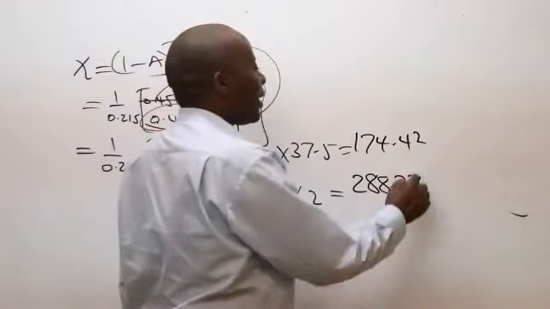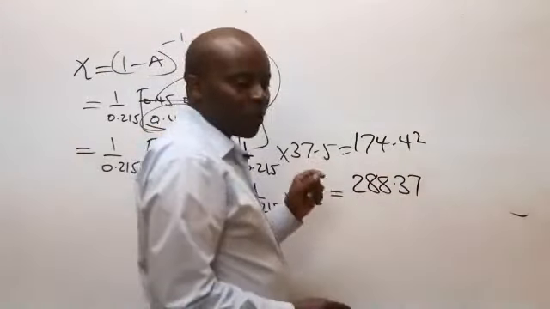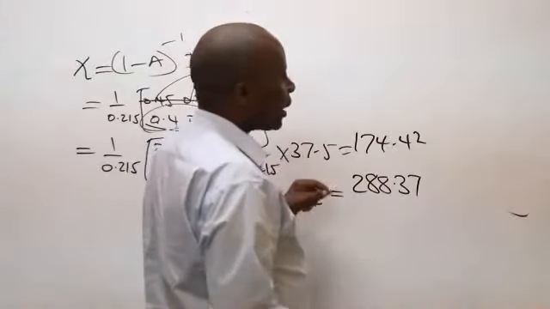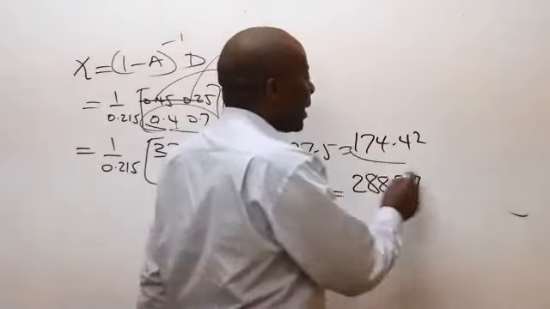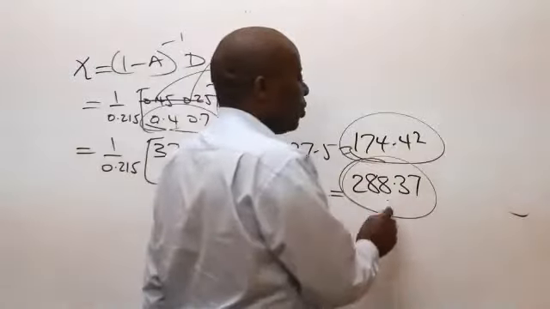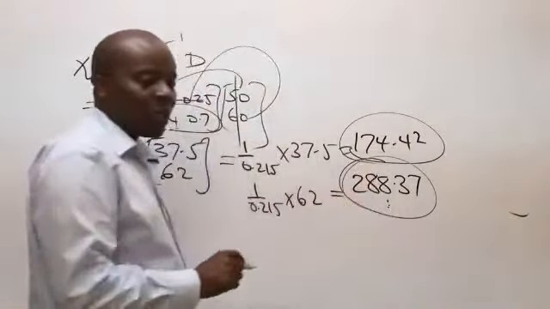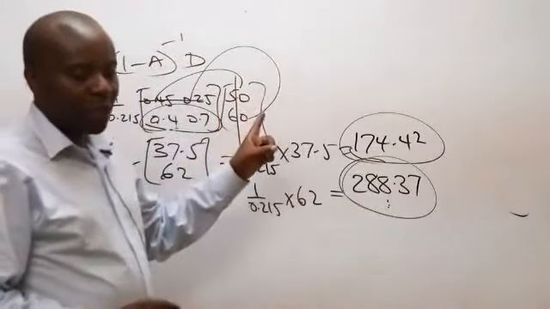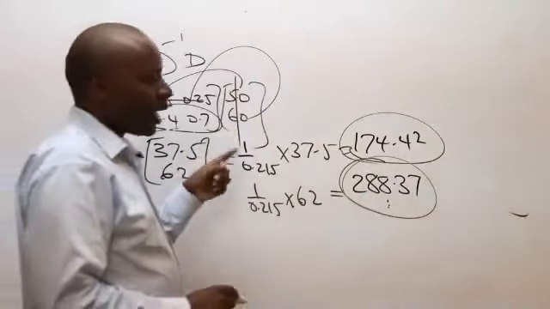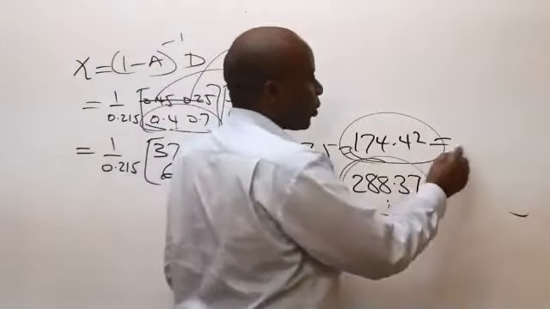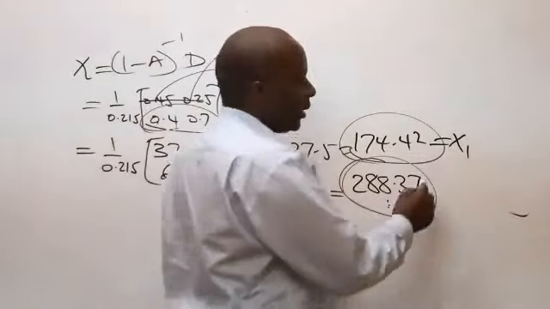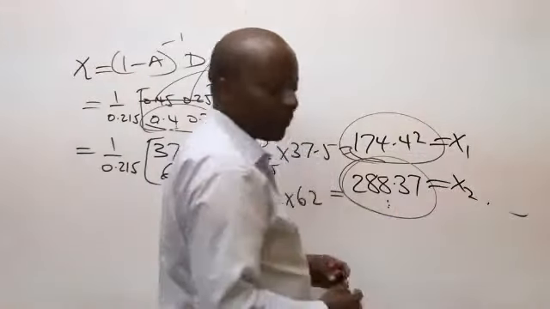So it means that for these two sectors to be able to satisfy total demand, they must endeavor to produce these outputs. These are our predicted outputs, our X values, and because there are two X values, this could be my x1, and this could be my x2.